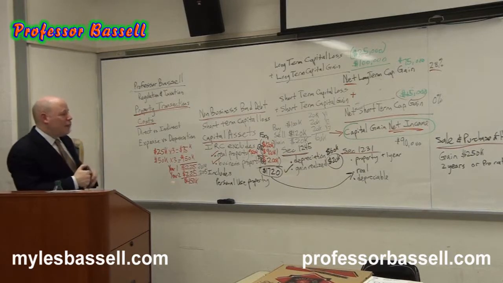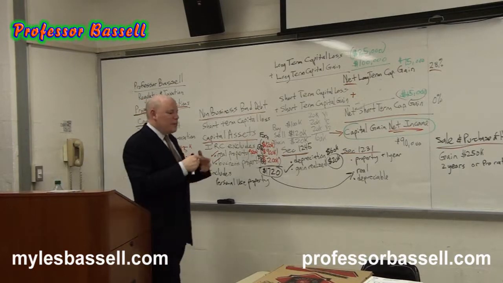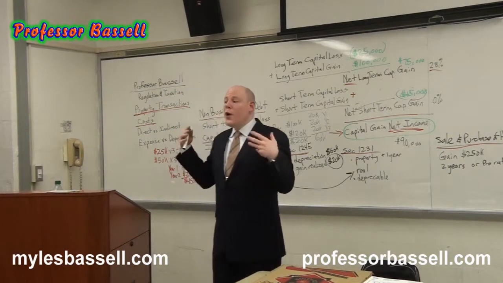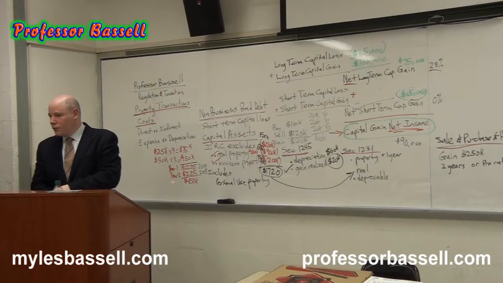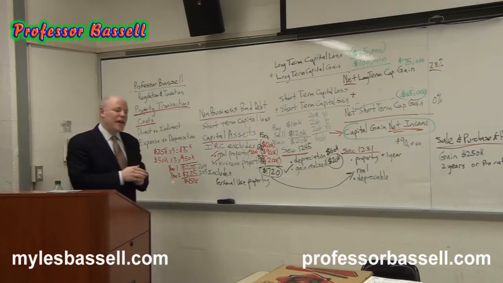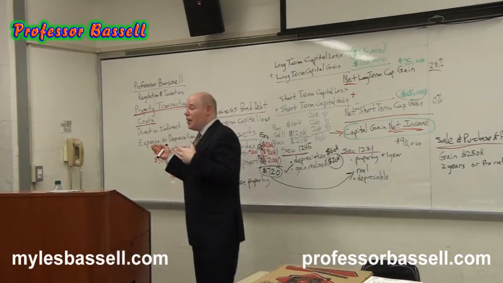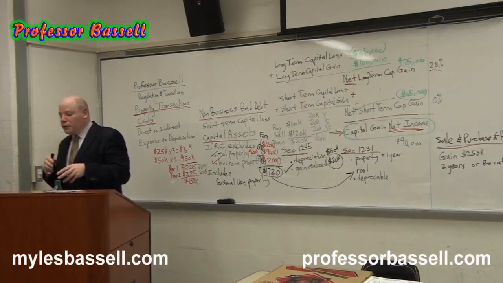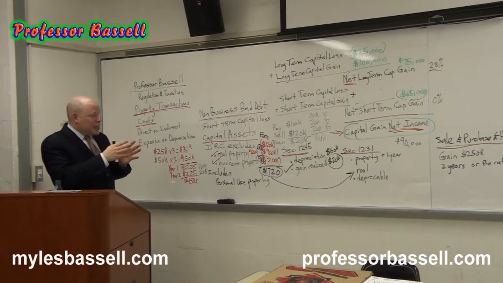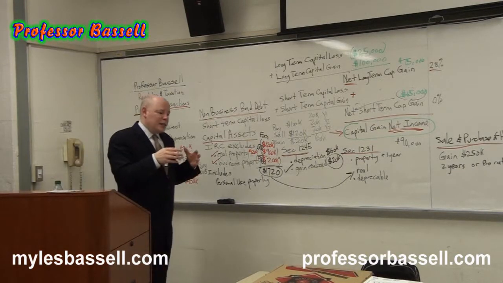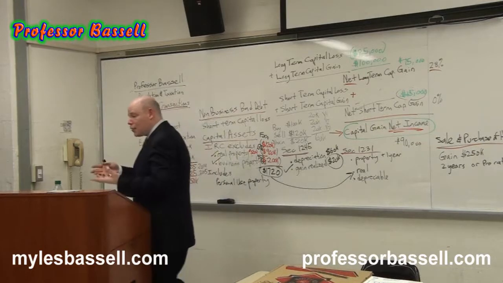So one of the things that we need to be able to do is to look at different types of property and determine which part of the code is going to apply. One of the questions on the exam was about how the CPA does this. Do they look at relevant or irrelevant information, factual or unfactual? Well, you need to look at the facts, and then that has to be examined within the context of the tax code.